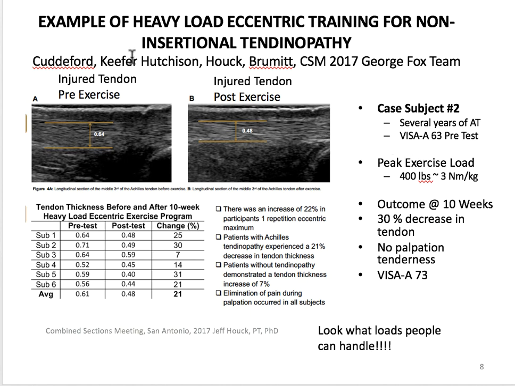So with heavy load eccentric training that hits the eccentric zone, this particular person achieved a peak training load of 400 pounds, which for a 77 kilogram person equates to 3 Newton meters per kilogram.